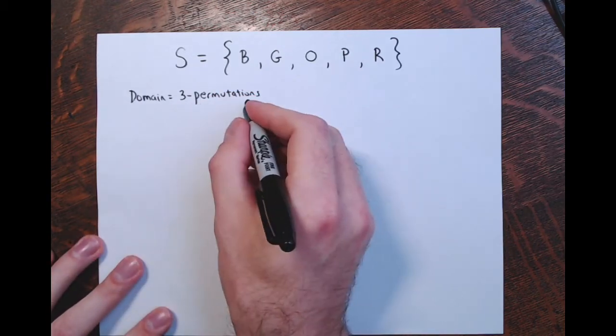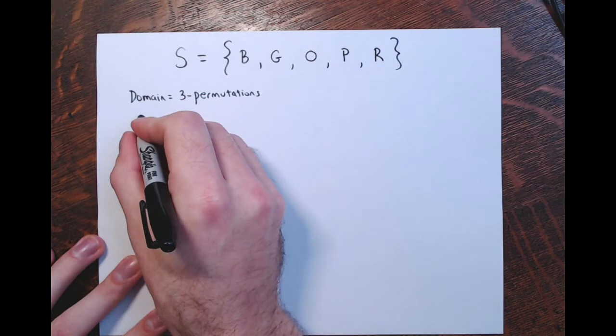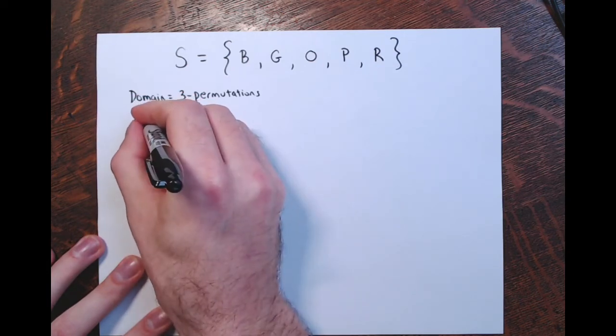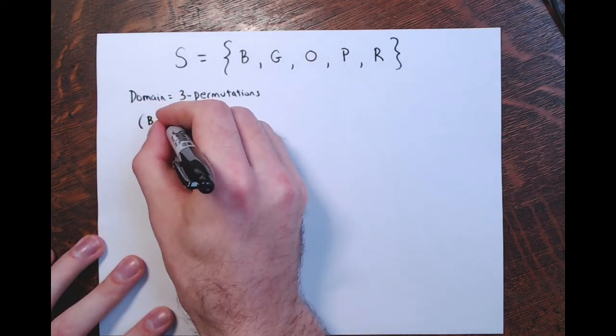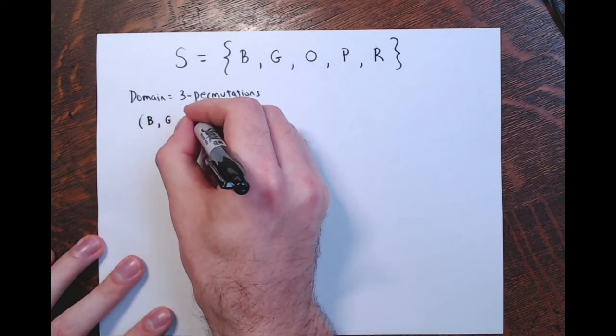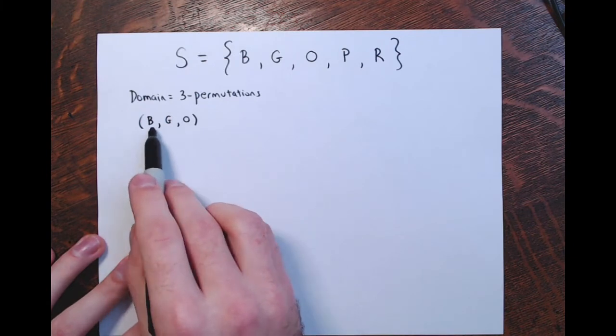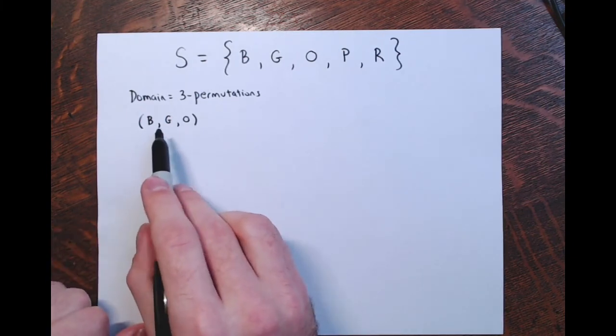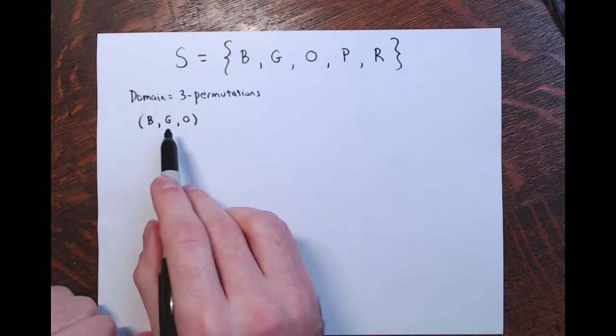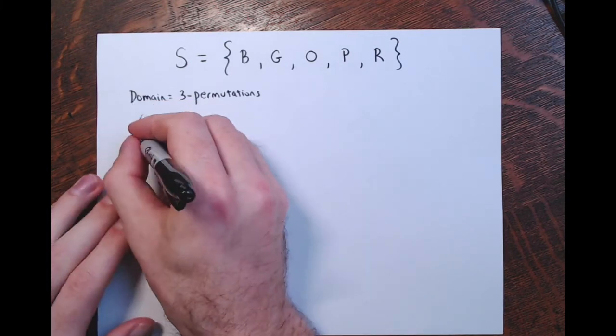So 3 permutations. One of these, I could have the blue, then the green, then the orange. How many different sequences will there be with these 3? Remember, there'll be 3 factorial ways of rearranging these.